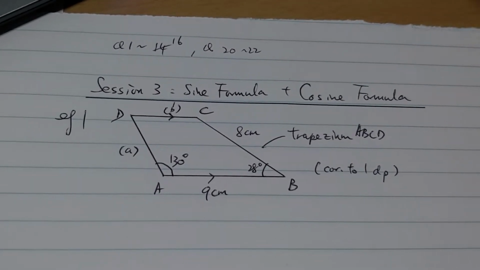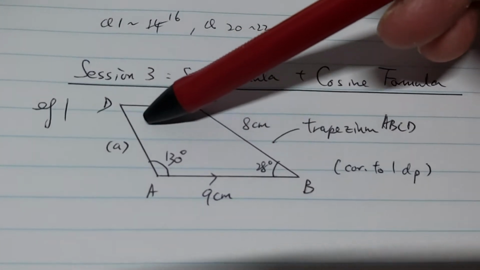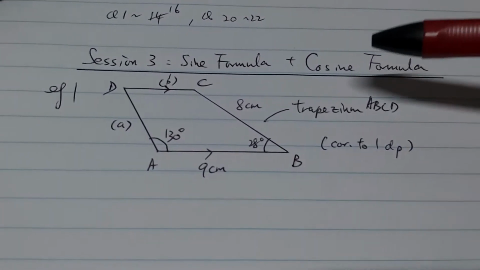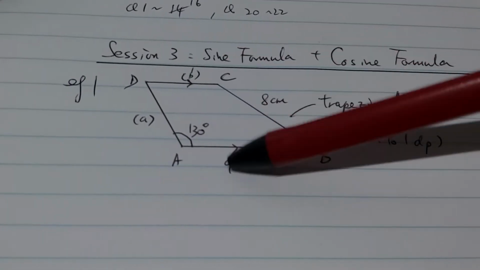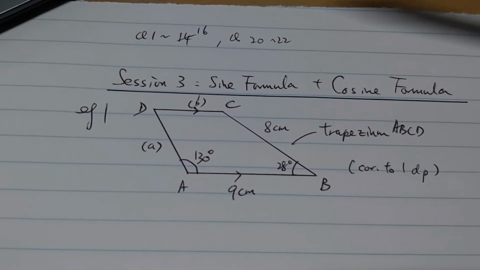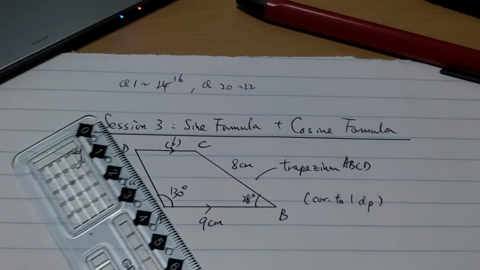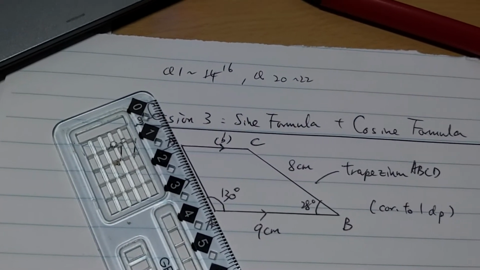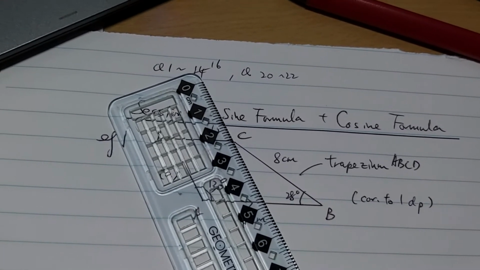So the first question, part A, asks you to find the length of AD. We have 4 pieces of information and a pair of parallel lines. How to find the length of this? We can draw one more parallel line, which is parallel to AD, on here.